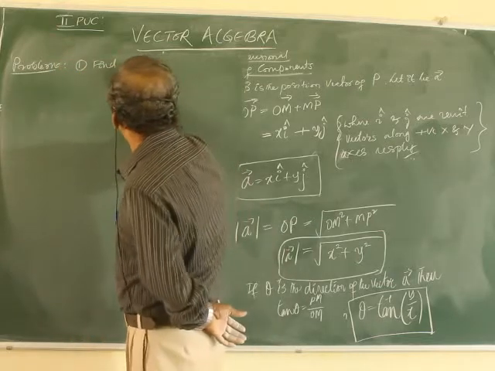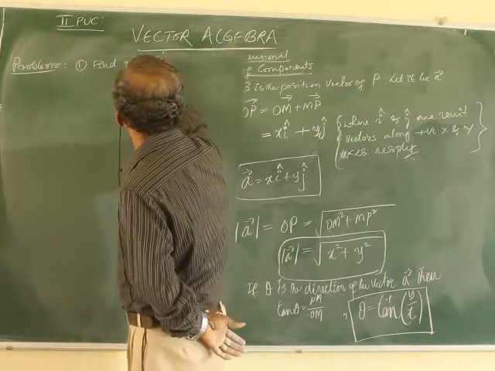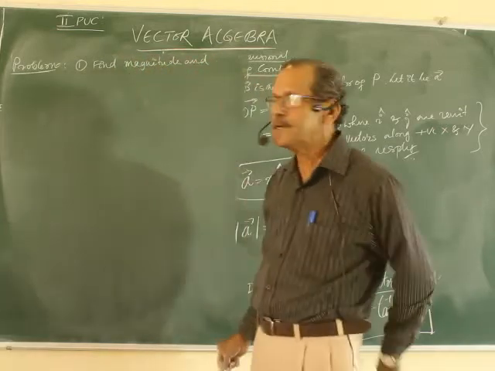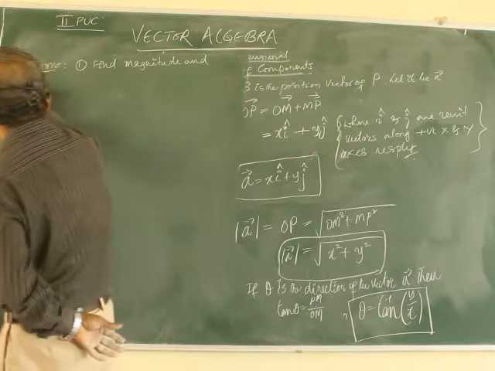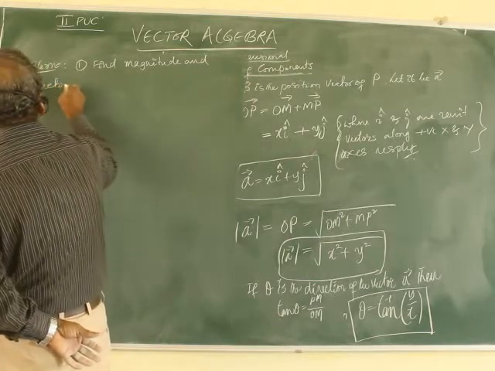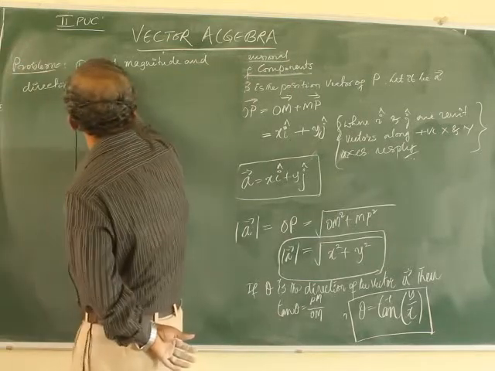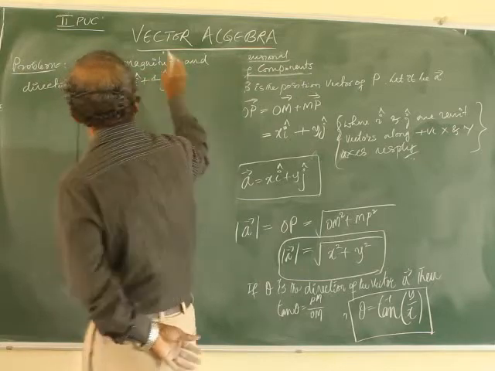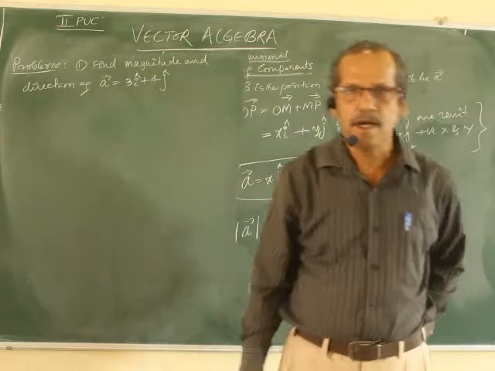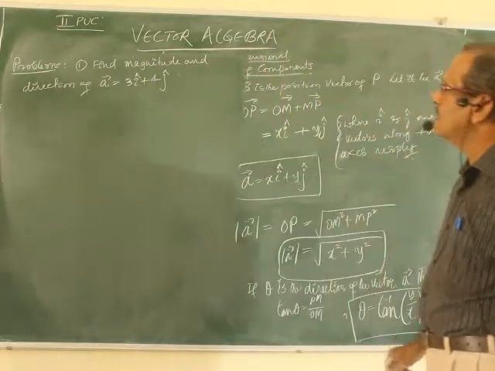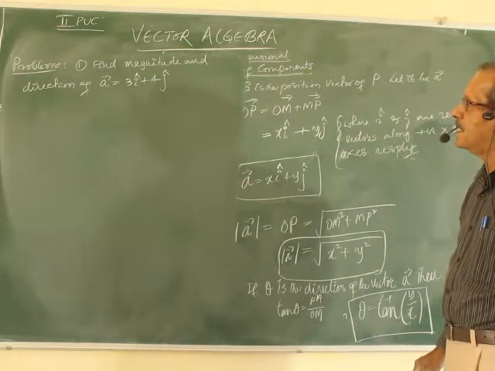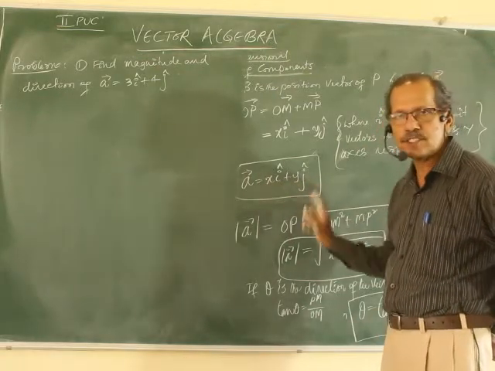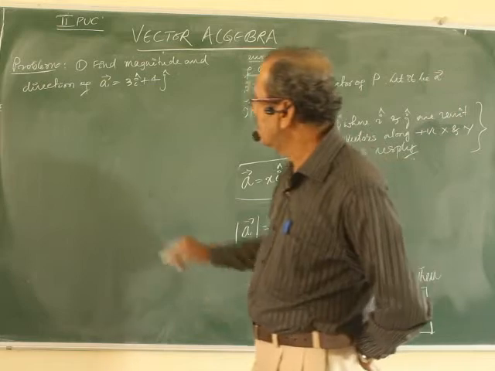Find magnitude and direction of the vector A equal to 3i plus 4j. Yes, let us take the problem itself. In order to make the idea clear, magnitude and direction of this vector is required because the vector is represented by this.